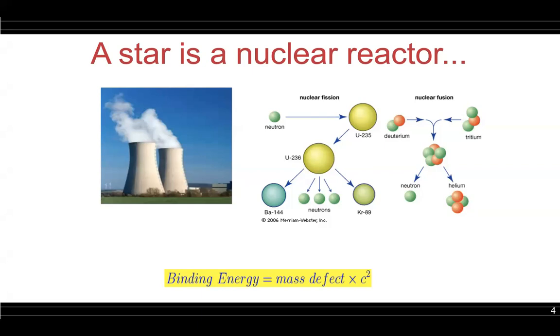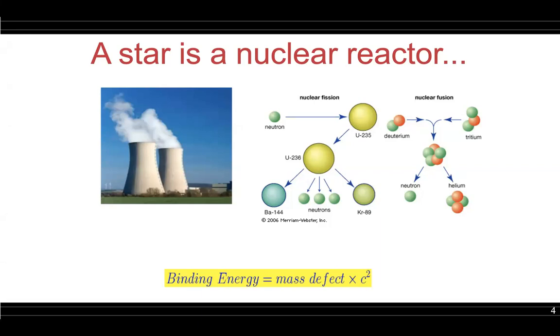There are various reactions which go on within stars depending on the mass of the star. For the low mass stars, it is the proton-proton chain reaction which goes on. For higher mass stars, you have the CNO cycle, the carbon, nitrogen, oxygen cycle, or you have the triple alpha reactions.